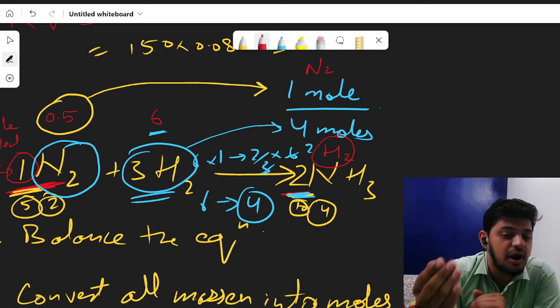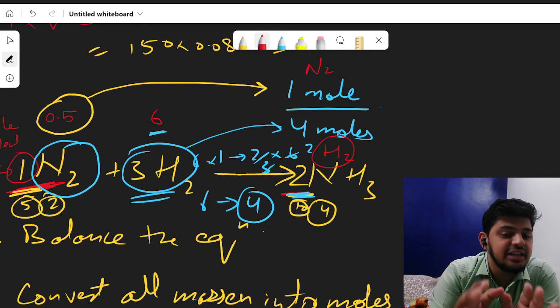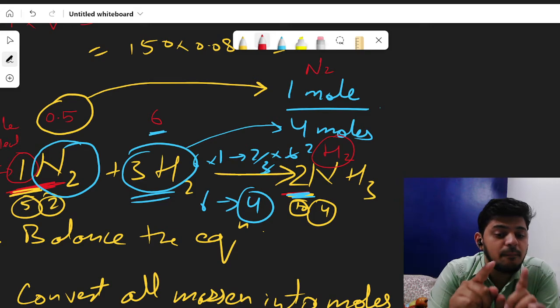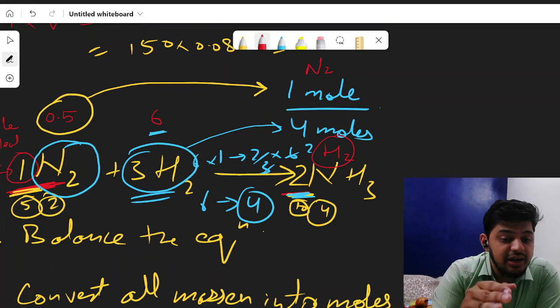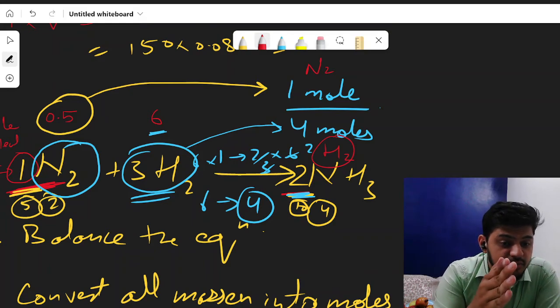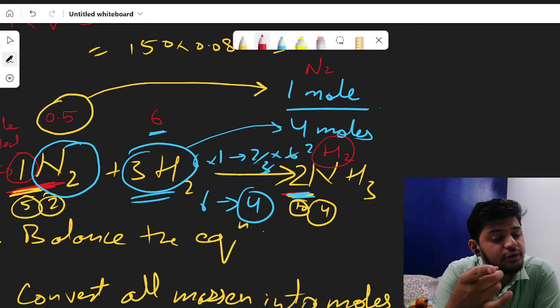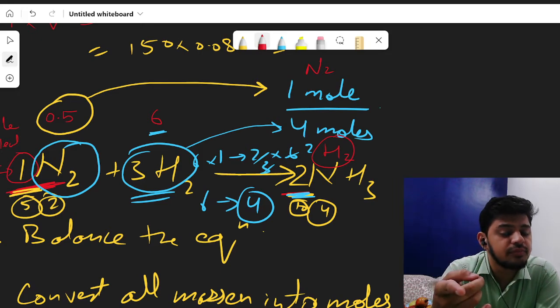The starting part, the limiting reagent and theoretical yield, was part of previous chapters. And from whatever product you got, the number of moles, convert this into volume. That is the part of this chapter.